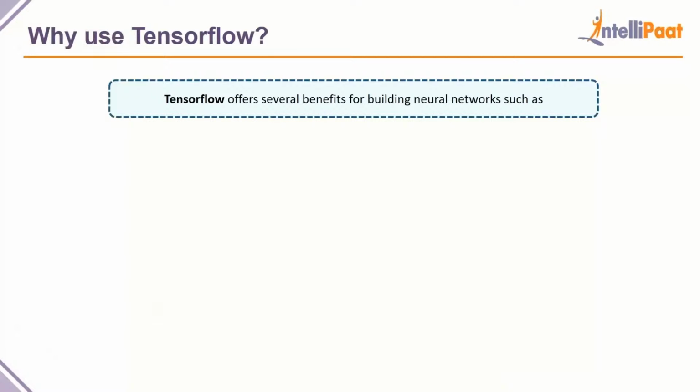While TensorFlow offers several benefits for building neural networks, debugging is one of the major aspects that TensorFlow helps with. When we were creating TensorFlow applications in the previous versions, we had to create something called a TensorFlow session graph. Now the graph was basically just a graph of computation. You basically had some numbers and then you wanted those numbers to be manipulated by several nodes inside a graph, and then you create those graphs.